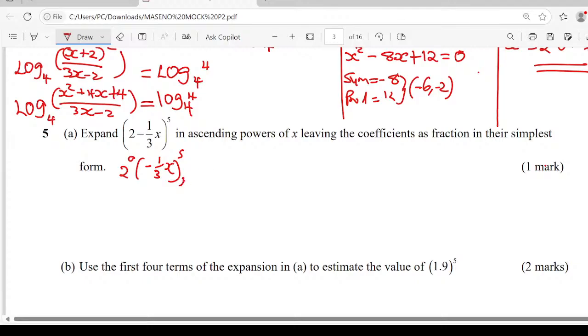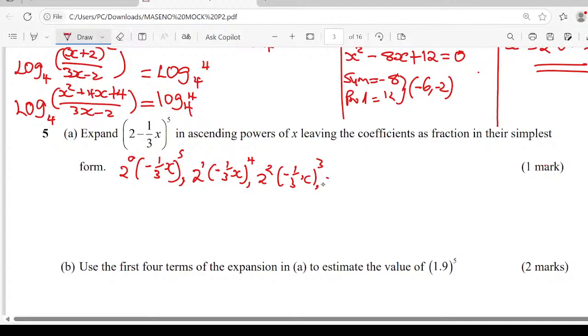Then the next one is 2 raised to power 1 into negative a third x power 4. Then 2 raised to power 2 into negative a third x power 3. Sorry, this is power 1. Yes, power 3. My pen is not writing well. Wonderful, I think I fixed.